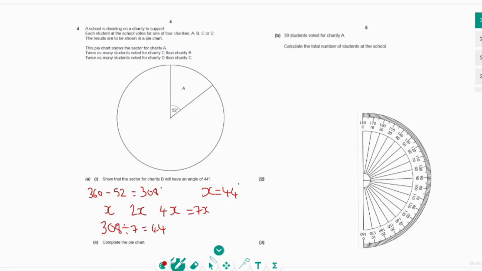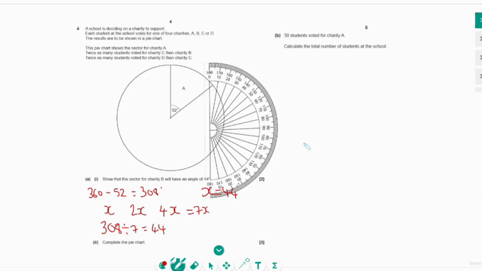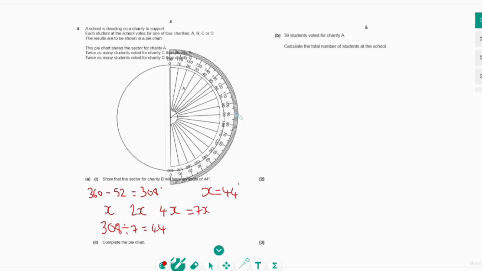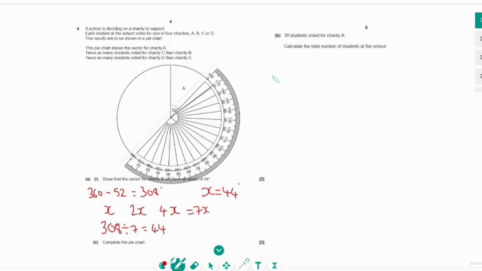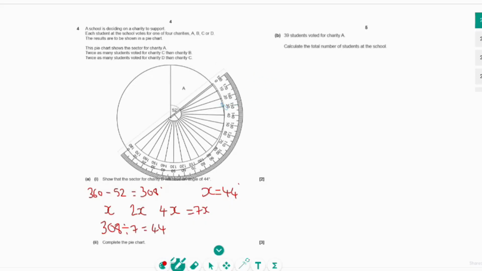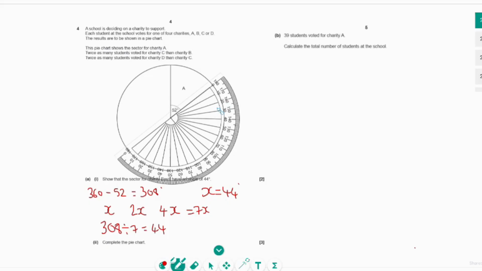Complete the pie chart. You need to line up your protractor correctly. 44 degrees is here.